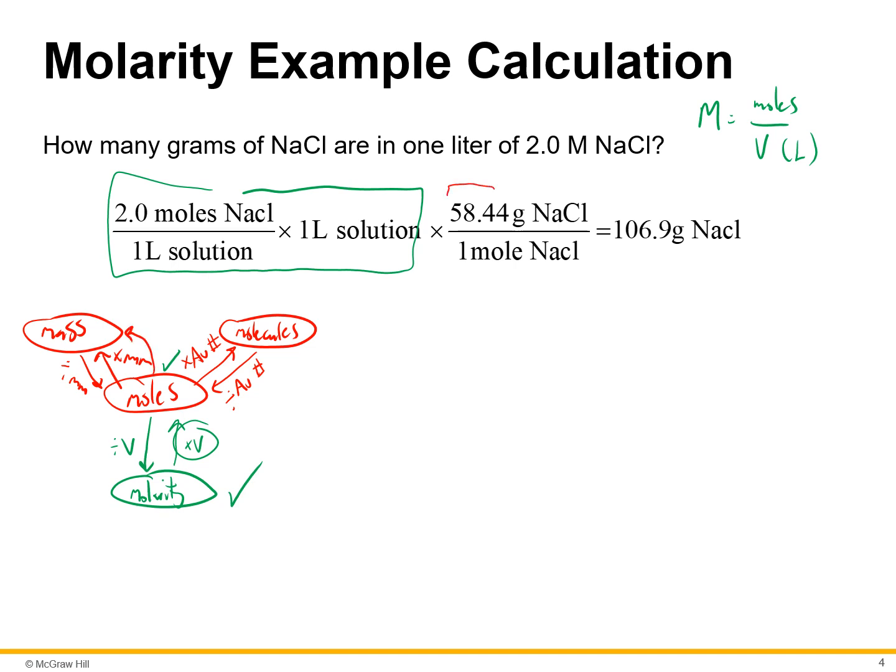Remember, if you hear the word molar mass, you need a periodic table in front of you. So we got this molar mass from the periodic table. Sodium is about 22.98, 23 is fine, and chloride is 35.45. So when you add those two up, you get the 58.44. So when you do this math, 2 times 58.44, you get 106.9 grams of sodium chloride.